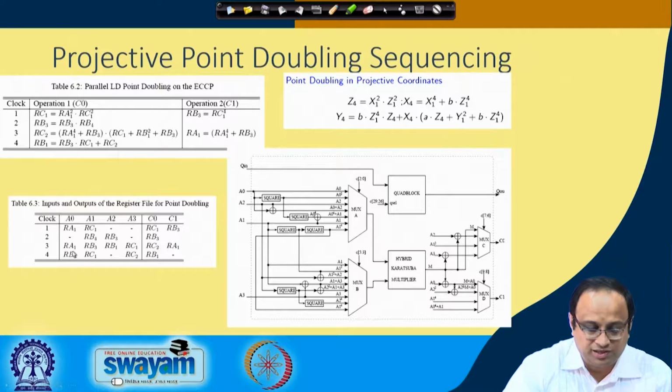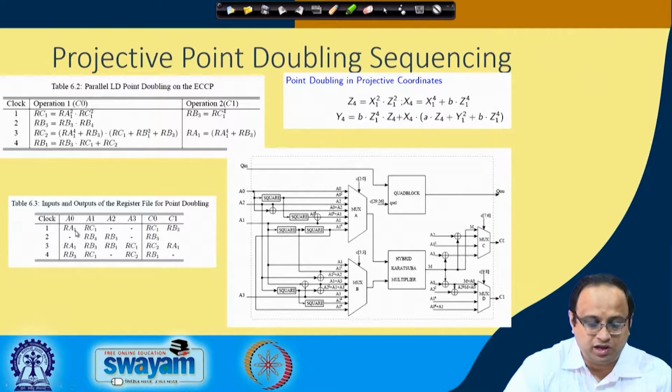If you see here, the register file had outputs like A0, A1, A2 and A3, and it produces A0 and A1 on these 2 buses. It floats the data of RA1 and RC1. RA1 and RC1 are the first registers of the first and the third register banks.